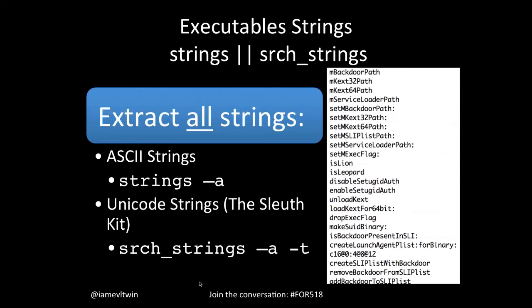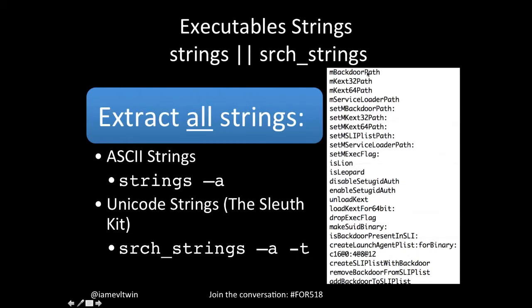So I tend to use search strings from Sleuthkit more often than I use the built-in strings function on OS X. One of my favorite commands is search strings -e-b, and that's going to give you big endian Unicode strings. Be aware that you might not be getting all the strings that are there because of the tool that you're actually using.